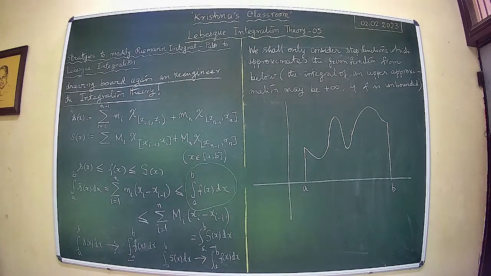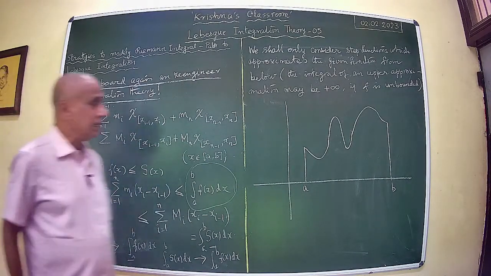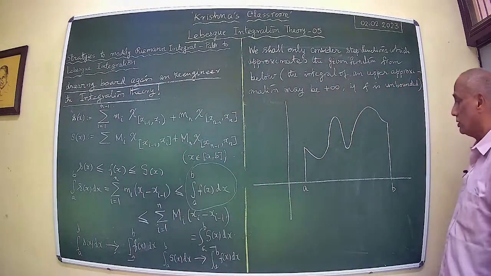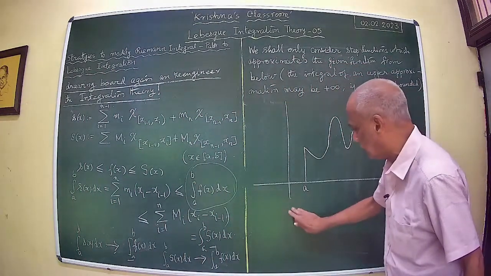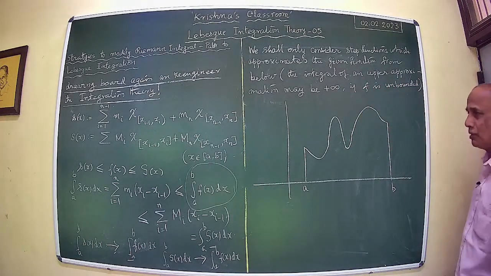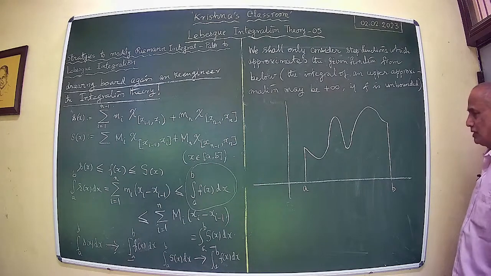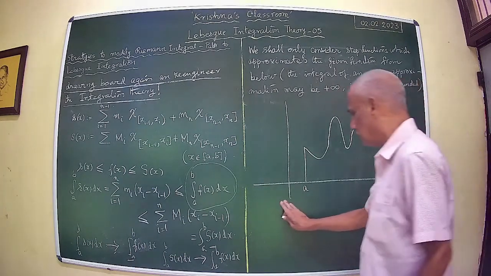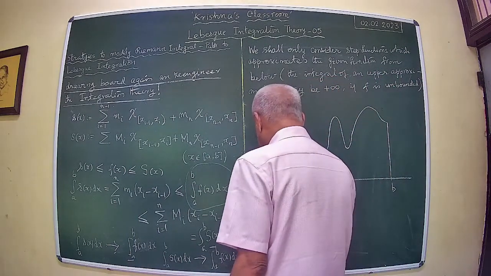So the function has no role in the partition of the interval AB. Okay? So that is one probably nice thing about the Riemann integration, but also that is a handicap also.